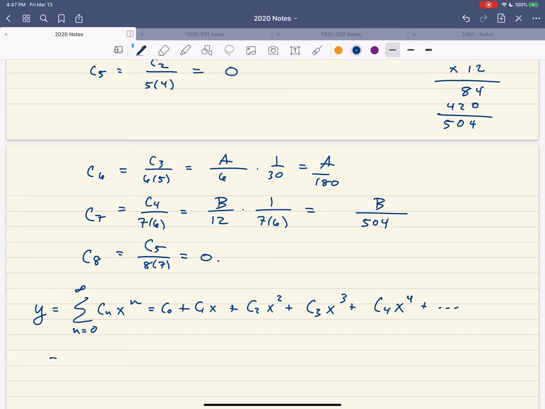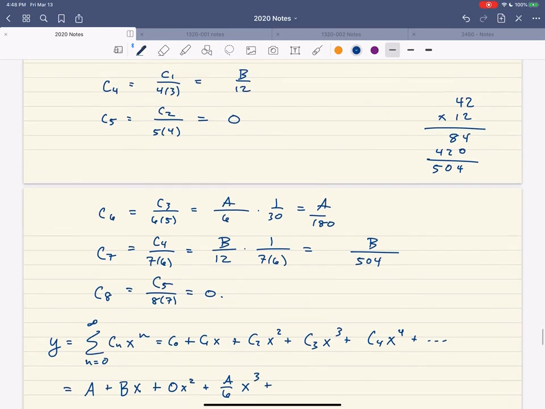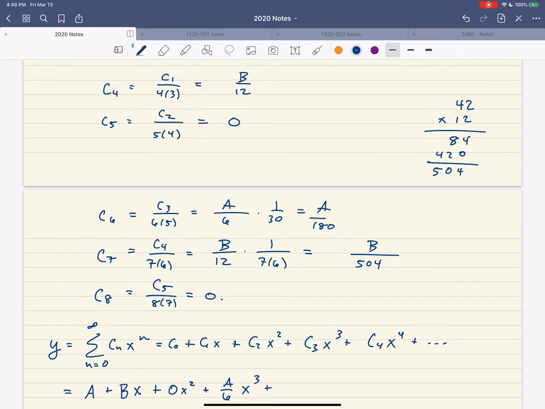So this is going to be C0, which we said is A, plus C1x, which we said was, C1 was B, C2 is 0. So just for now, just to keep track, I'm going to write that in. C3 we said was a over 6, so that's a over 6 x cubed. C4 we said was b over 12, so that's b over 12 x to the 4th.